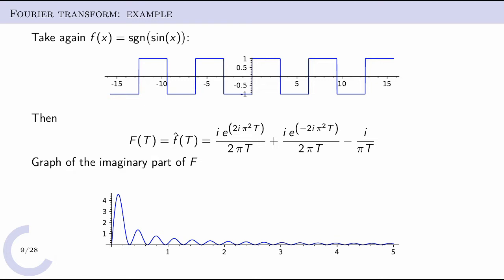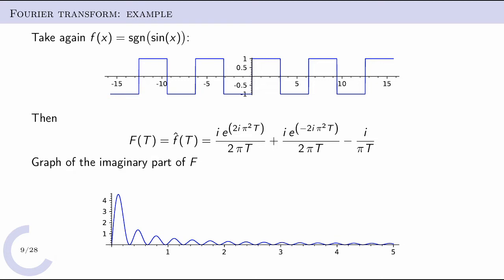And the graph of the imaginary part, of course the imaginary part is the only one which counts here, because there are no cosines here, there are only sines. The graph of the imaginary part is depicted below.